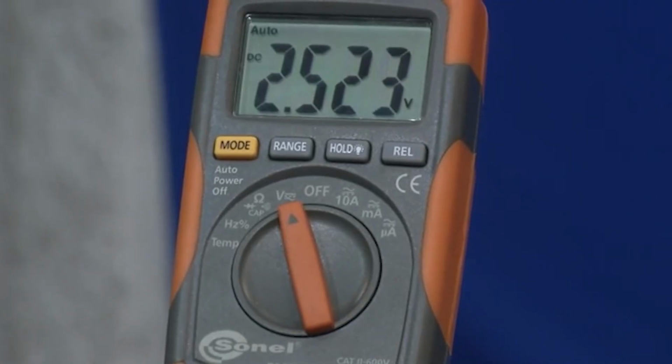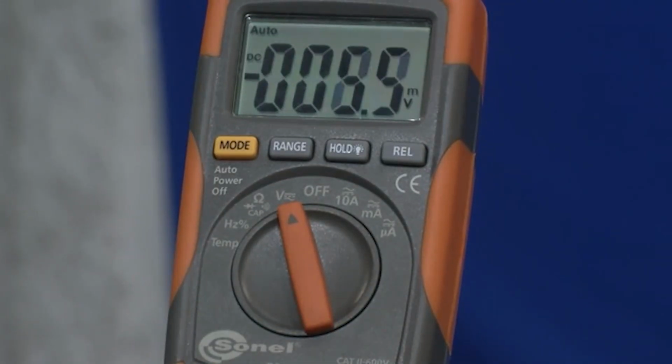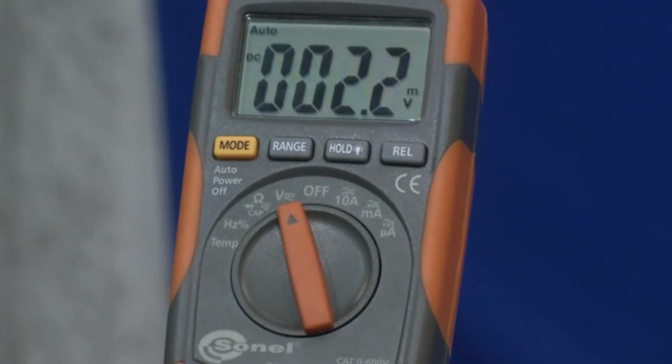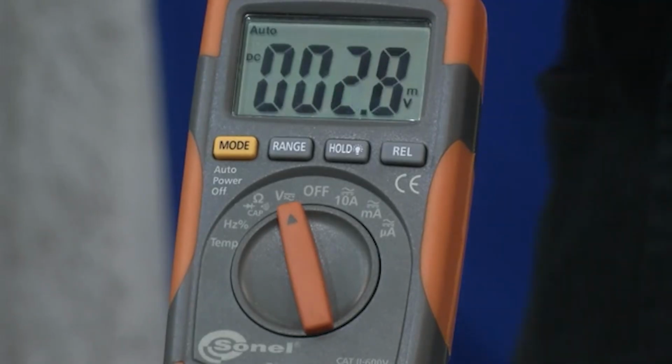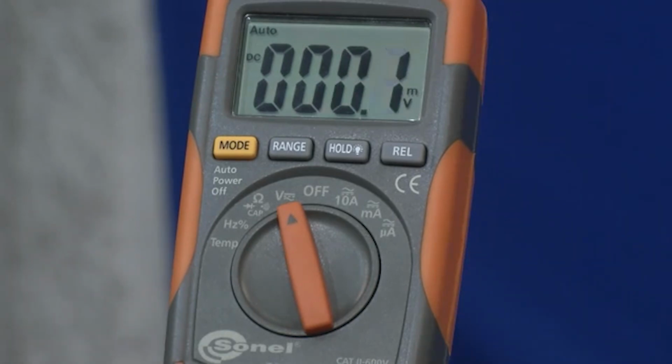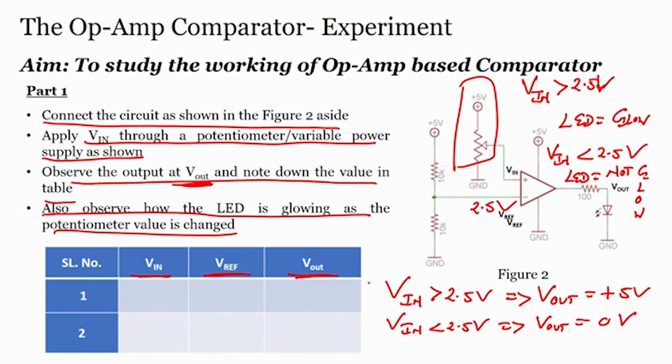Now, you see the reference voltage across the potential divider is 2.499 or 2.501. That means your V in is greater than 2.5, which is the reference voltage, that is why you can see the LED glowing. Very easy, extremely easy experiment, anyone and everyone can do it once you know what is a comparator, right, alright. So, that is good that we have understood what exactly is a comparator.